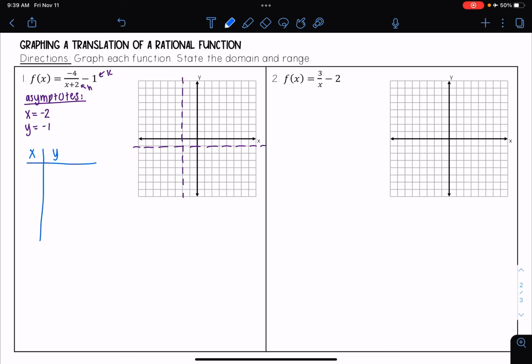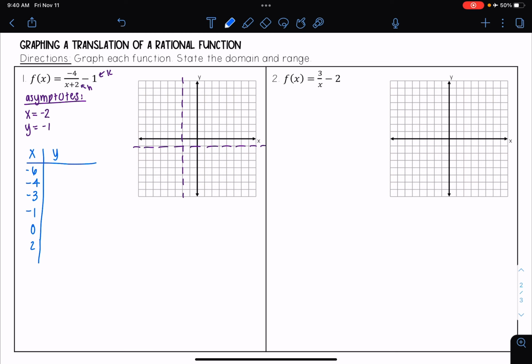So I'm going to choose negative 6, and then I can choose negative 4 and negative 3. And then to the right of x equals negative 2, I'm going to choose negative 1, 0, and 2. It's okay if you choose different numbers, as long as you have some numbers to the left of negative 2 and then to the right of negative 2.